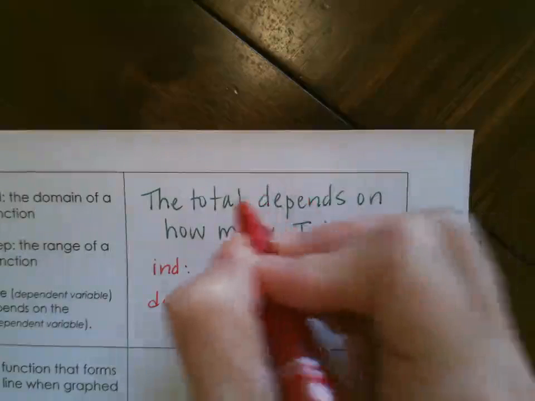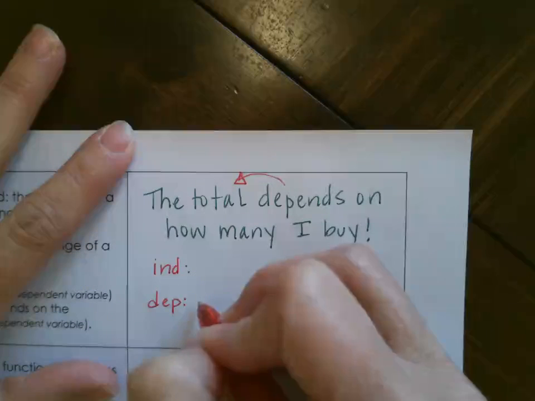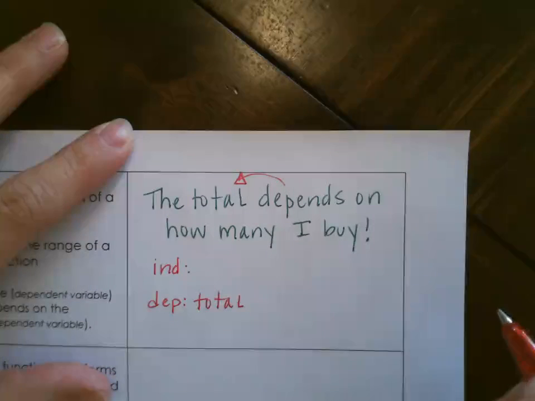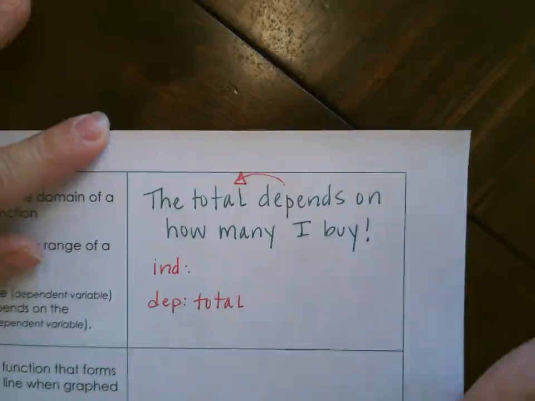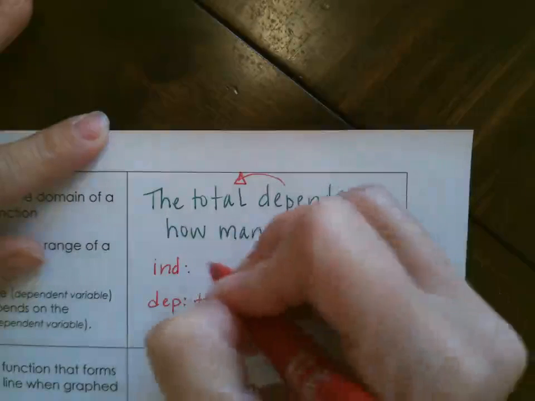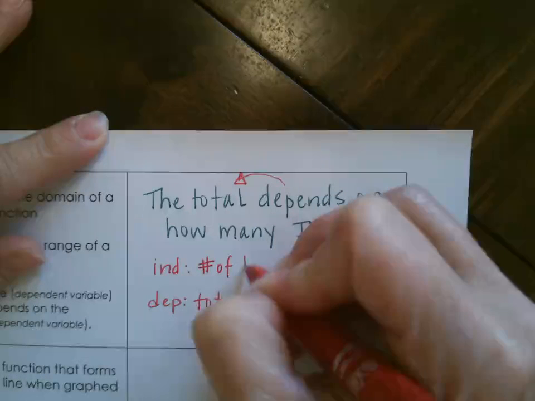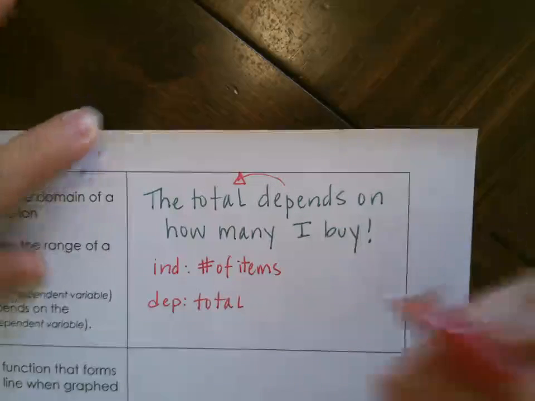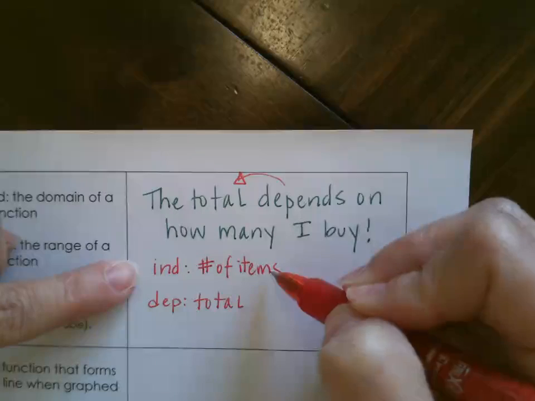Well, the total depends, so I know that my total is the dependent variable. And the independent is how many I buy. So the independent would be the number of items, because my total is going to depend on how many items I buy.